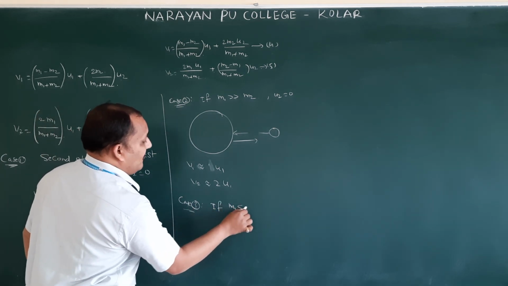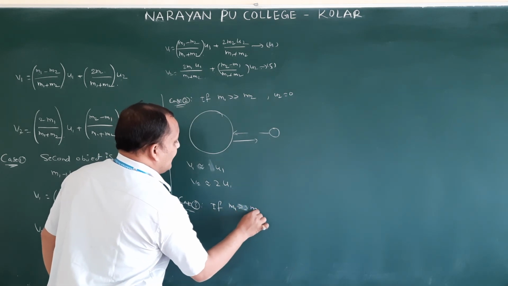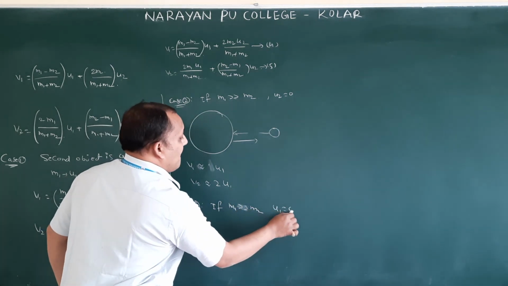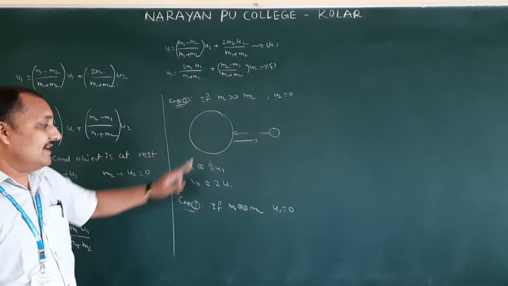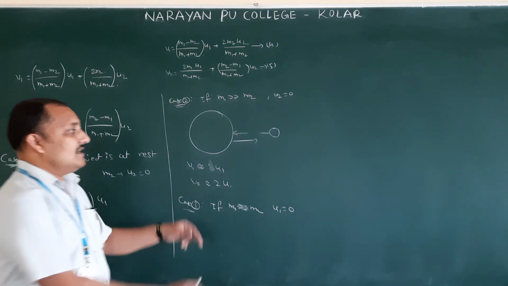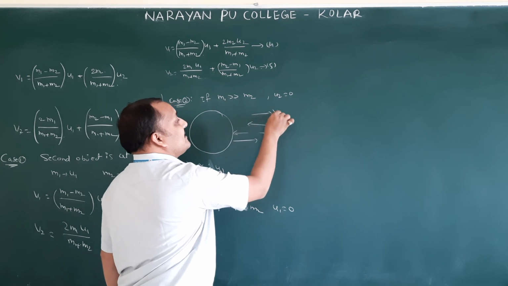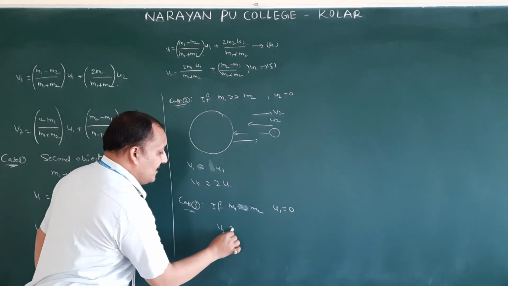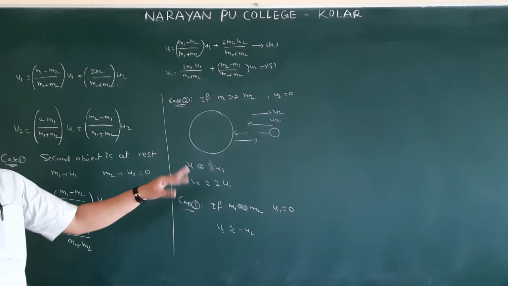If m1 is greater than m2 and u1 is 0, it means this object initially has 0 velocity. So the second object, coming with some velocity, will be moving back with the same velocity. Then v2 is equal to minus u2, because of the opposite direction.